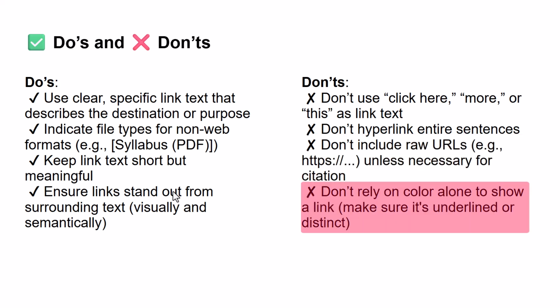And make sure that we're using something besides just color. Color's good, but again, you got to think about it from an accessibility standpoint. If I'm colorblind, I might not realize that that's a link because I might not see the color in the same way as somebody else. So having that two-part process of an underline and color can be extremely useful.